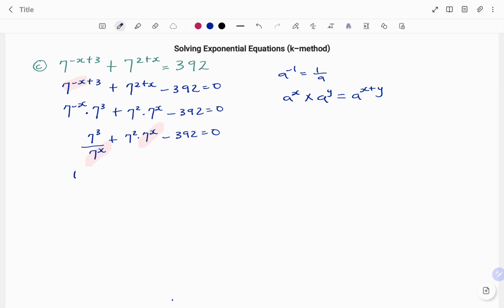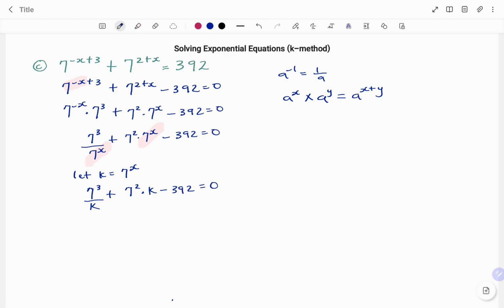So let k equal 7 to the power of x. Going back to our equation, we have 7 to the power of 3 over k plus 7 squared k, which is the same thing as 49k.